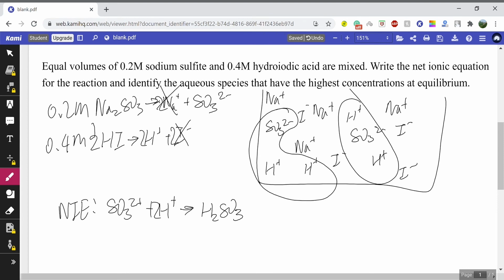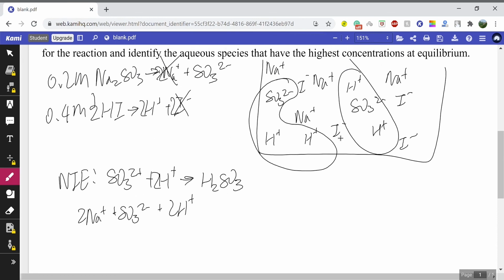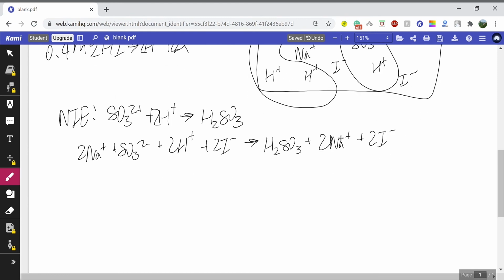Now the next step, we need to identify the aqueous species that have the highest concentrations at equilibrium. In this case, we need to include everything, not only the net ionic, we need to include the rest as well. So let's write the full equation: 2 Na plus plus SO3 2 minus plus 2 H plus plus 2 I minus forms H2SO3 plus all of our other spectator ions.